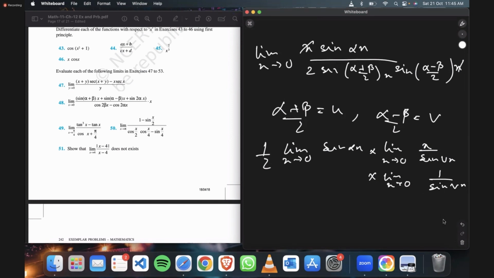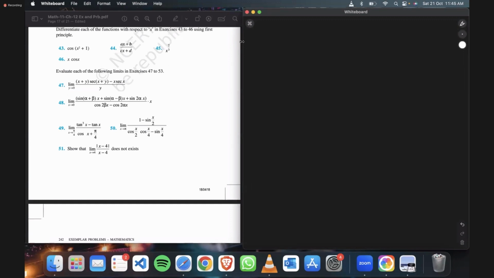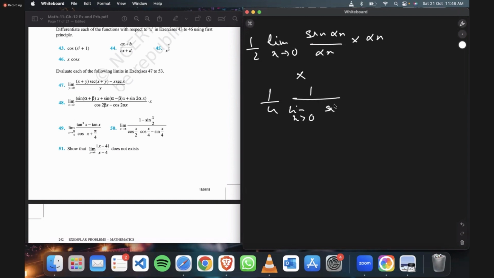Now 1 by 2 limit x tends to 0 sine alpha x. If I divide and multiply with alpha x, I'll be left with this. Next part, multiply it. If I just give an extra u here, I can write this as 1 upon limit x tends to 0 sine ux upon ux, multiplied with 1 upon limit x tends to 0 sine vx by vx.